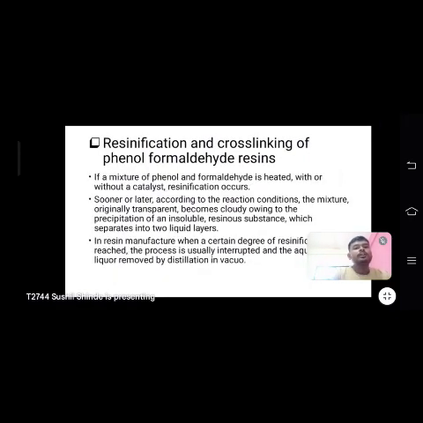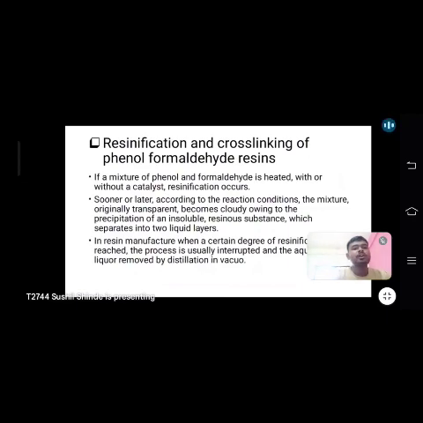Resinification and cross-linking of phenol formaldehyde resin. If a mixture of phenol and formaldehyde is heated with or without a catalyst, resinous products occur, more or less according to the reaction conditions.